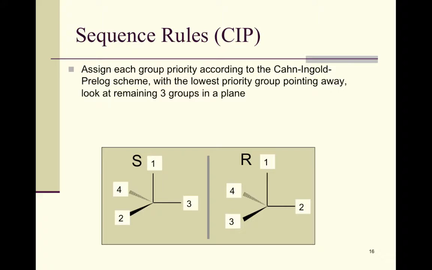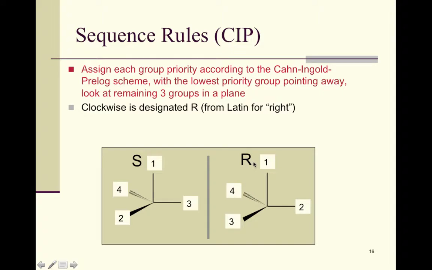What you need to do is to take a look at the model and have the lowest priority pointing away, and then look at the three remaining groups. Let's take a look at my R version first, since this has R first. My chiral center would be here, and I have 4 different things on there. Going up within the same plane as the carbon itself, I would have the highest priority, so that would be something with the highest atomic number.